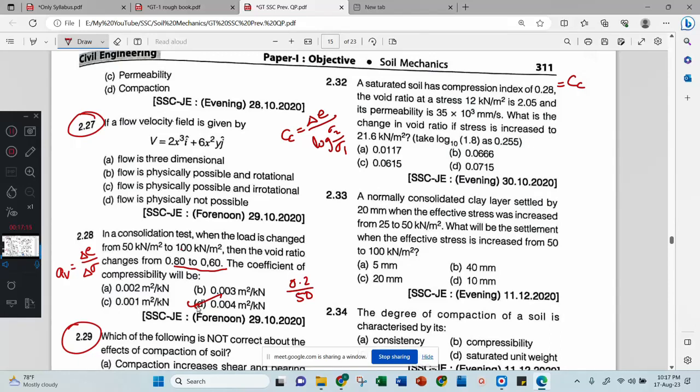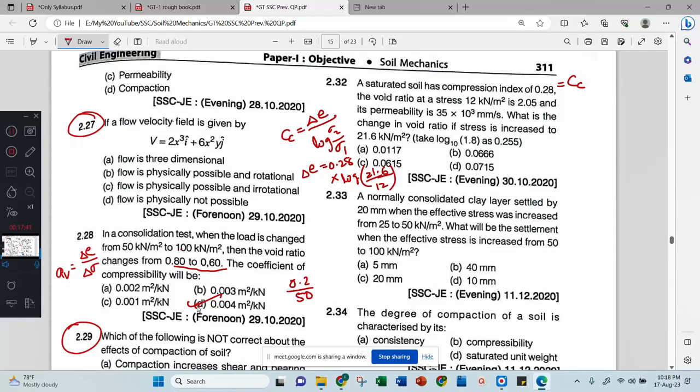Means they want delta e. Cc is given 0.28 into log of initial load is 12 and 21. Bigger is 21. Therefore, I'll write 21 first divided by 12.